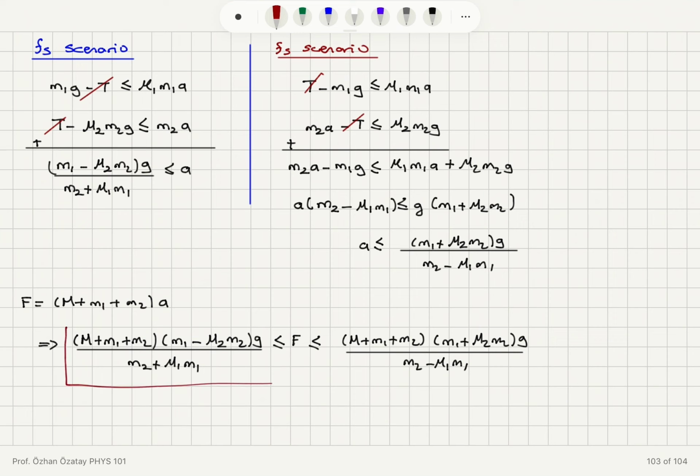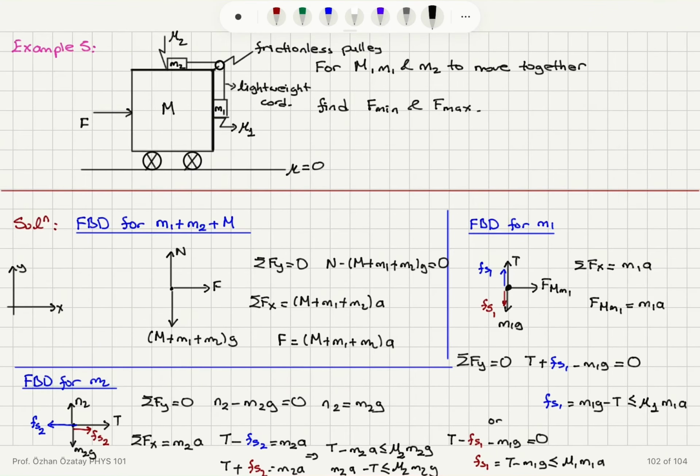So this is the range of F values for which we would keep this system moving together.